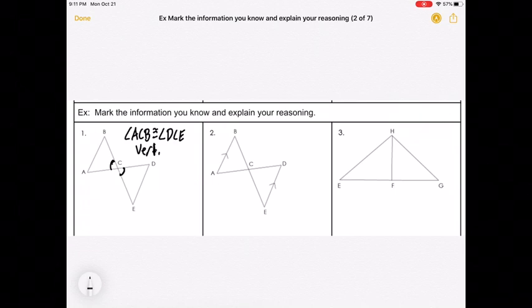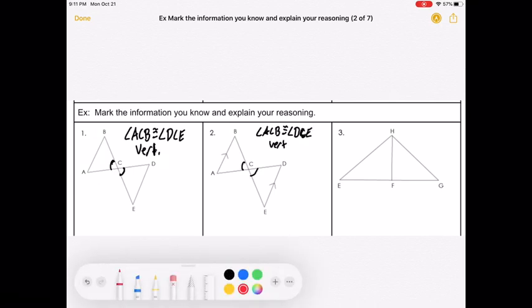So number two has the exact same vertical angle. So angle ACB is congruent to angle DCE, and those are vertical.